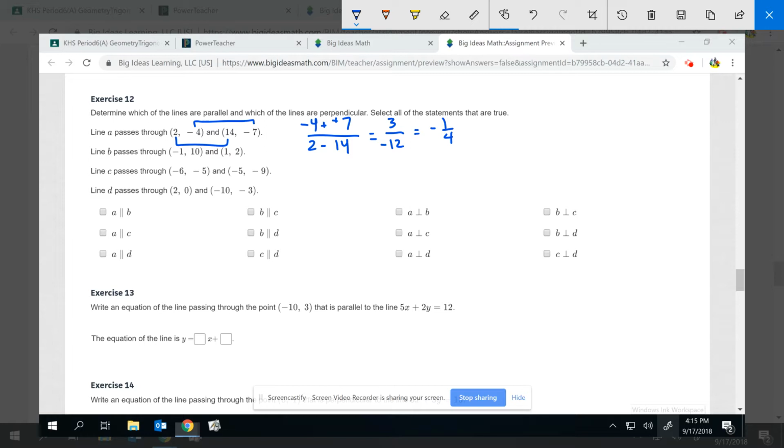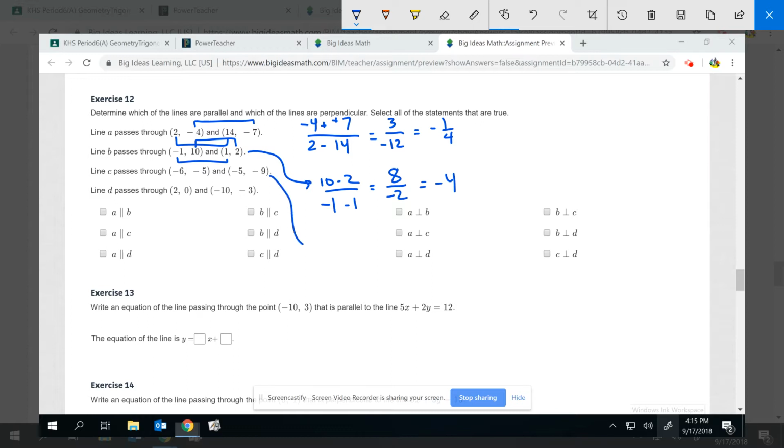Line B, you're going to have 10 minus 2, and then you're going to have -1 minus 1. So you're looking at an 8 over a -2, which is a -4 slope.